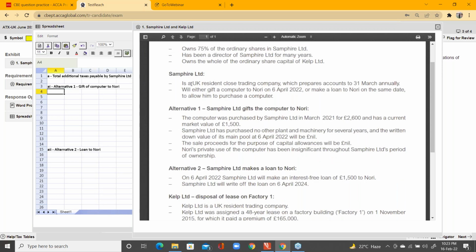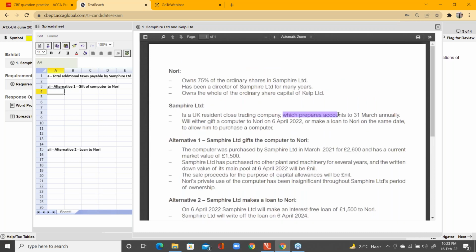Now let's talk about S Limited. S Limited is a UK resident closed trading company, which prepares accounts to 31st March annually. It will either gift a computer to Nori on 6 April 22 at the start of the fiscal year 22-23, or alternative 2, make a loan to N on the same date to allow him to purchase a computer.